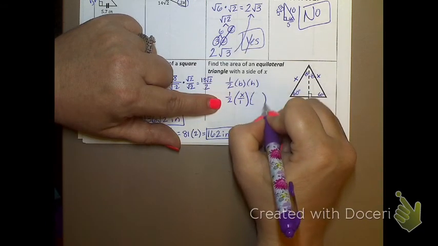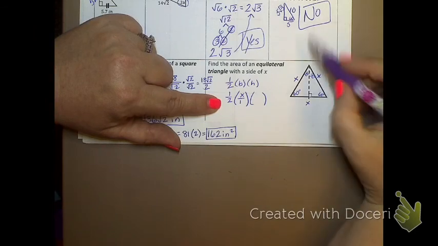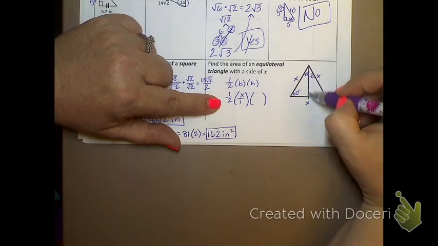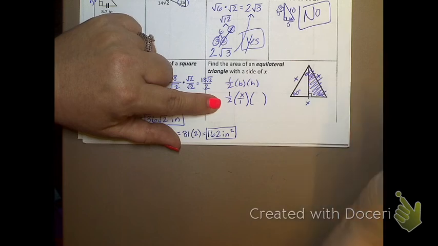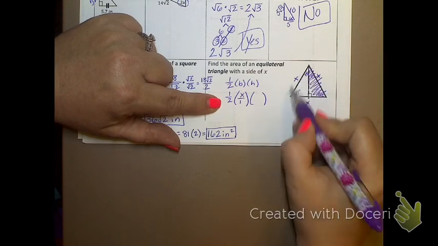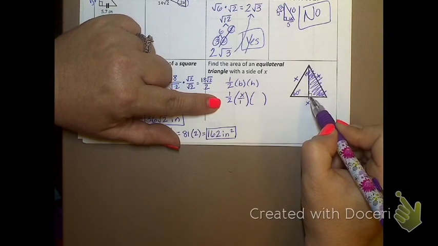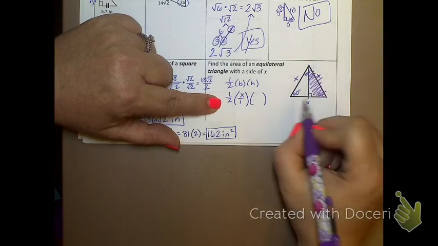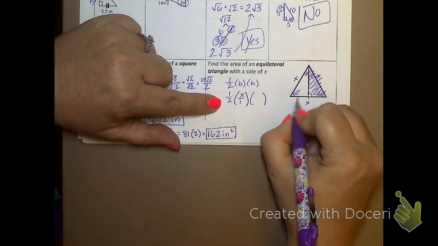Now, what line is representing the height in this picture? The dotted line, right? So if I were to look at that dotted line, and I'm going to ignore this part of the triangle right now. If I look at this, this is a 30, 60, 90 triangle, right? And that dotted line is representing what leg? The long leg. What is the length of the short leg here? 1/2 x.